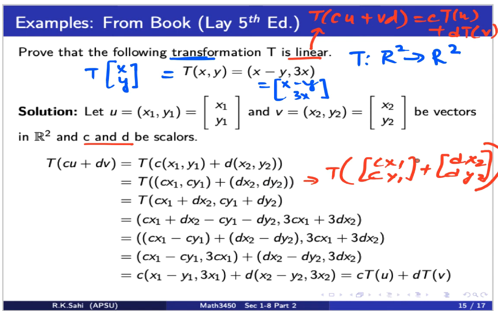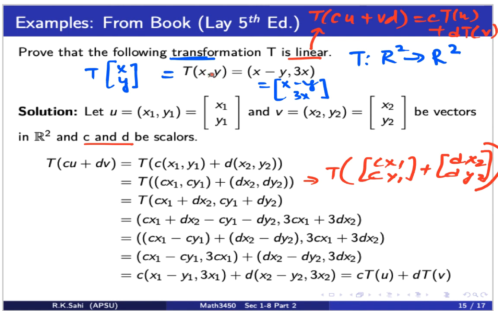Okay, now these two I can add first, because it's a sum of two vectors: cx1 plus dx2, that's the first element here, and cy1 plus dy2, that's the second element of the vector. Now when T acts on it, we have defined that T(x, y) goes x minus y, 3x.